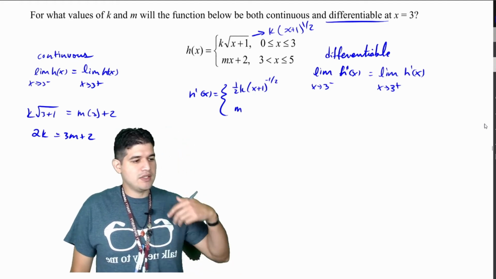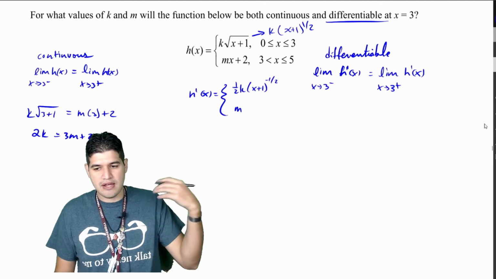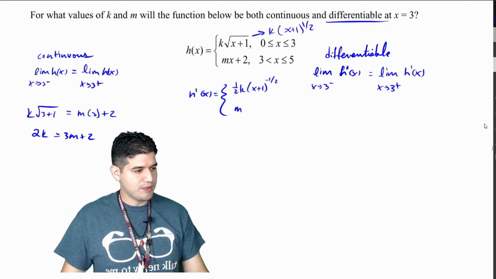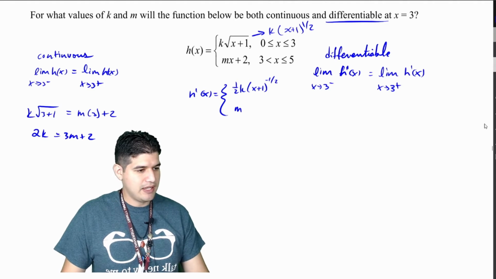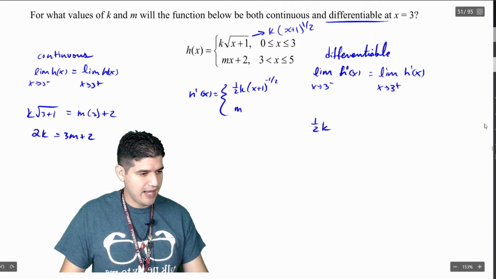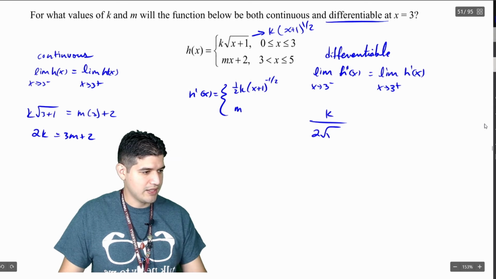So now I can use that to find the limit of h prime as x approaches 3 from the left and from the right. I'm going to say, all right, so I get 1/2 k. Actually, let me rewrite that a little bit. k is going to stay in the numerator, so I'll get k over 2 square root of x plus 1.